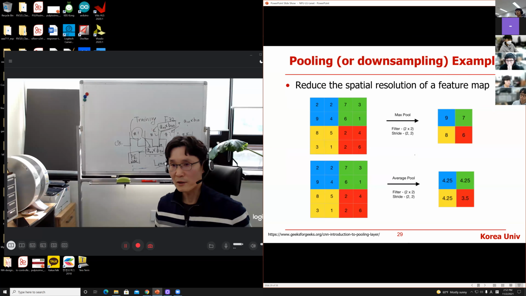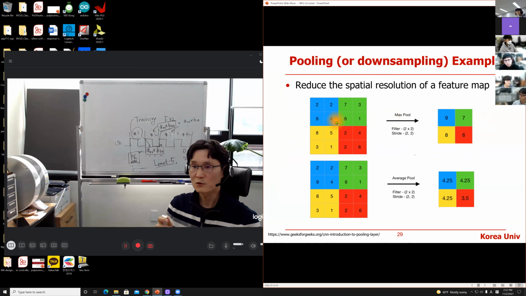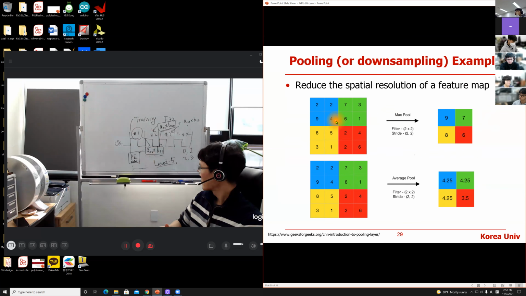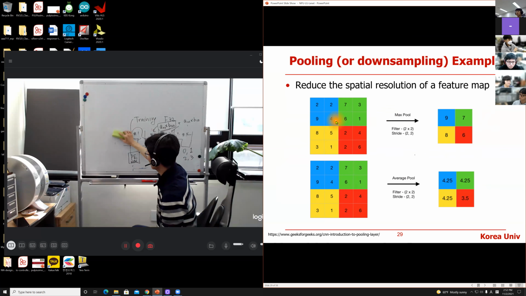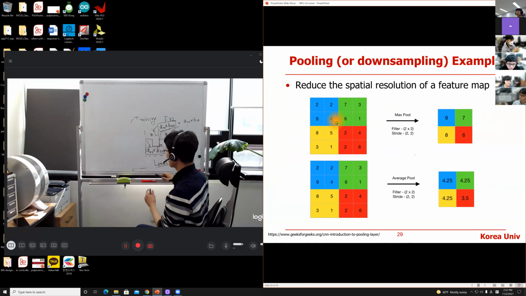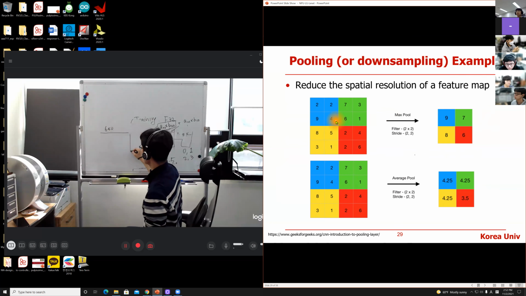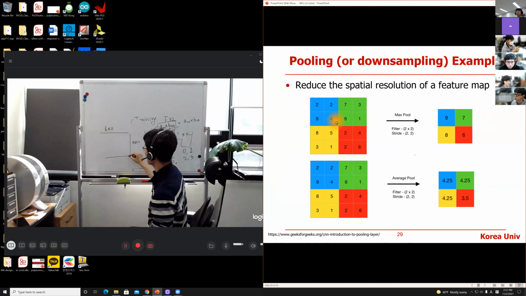And the pooling layer is also very simple, right? There are two different kinds, max pooling and average pooling. The thing is, you want to reduce the resolution, because you don't want to handle full resolution output, like 640 by 480 VGA pixels.